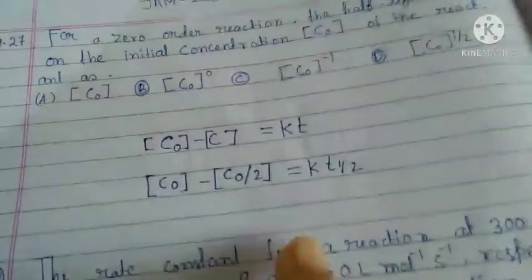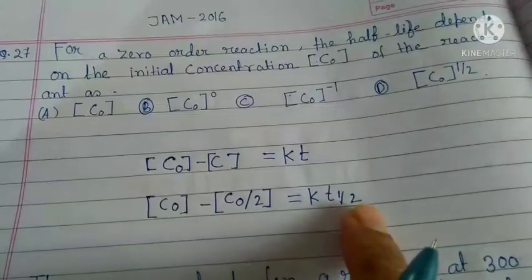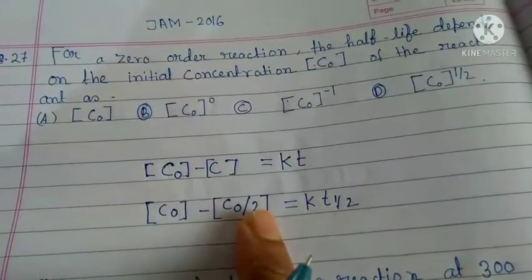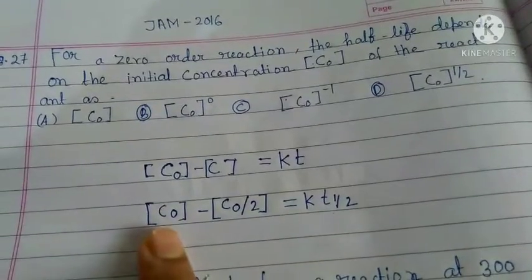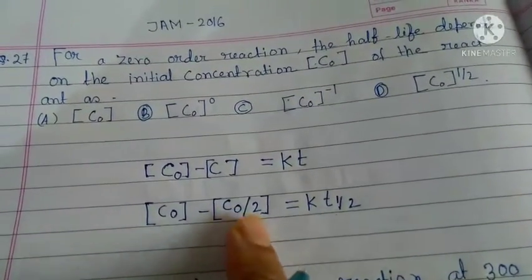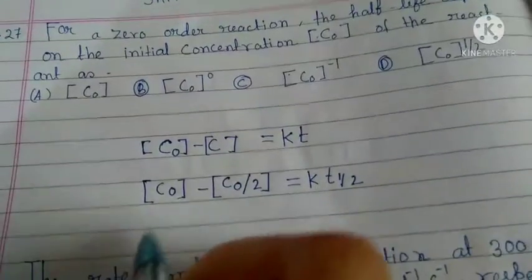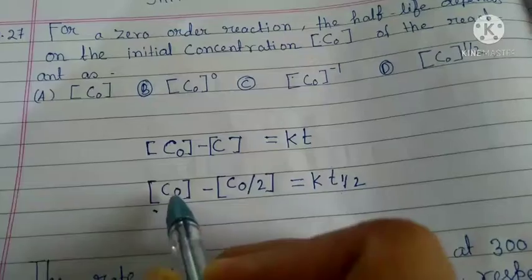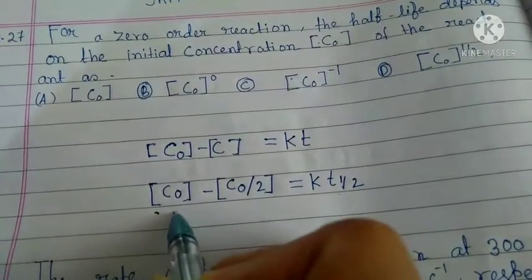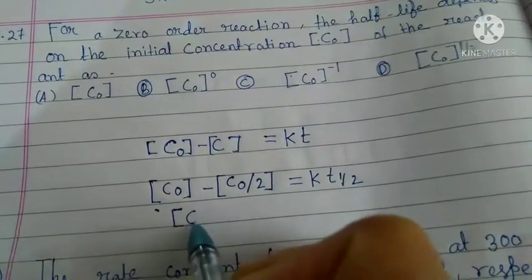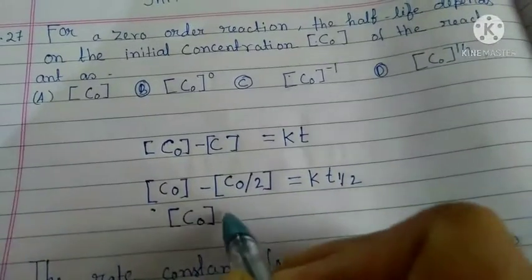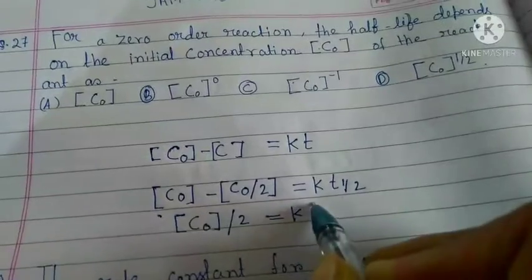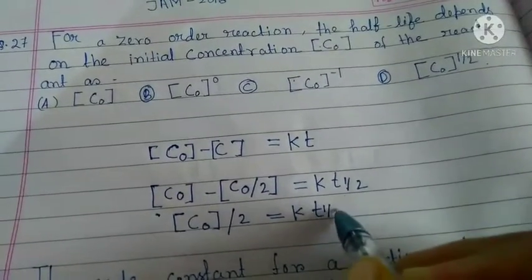So at T half, the concentration of the reactant will be half of the initial concentration of the reactant. So C0 by 2 is equal to K into T half.